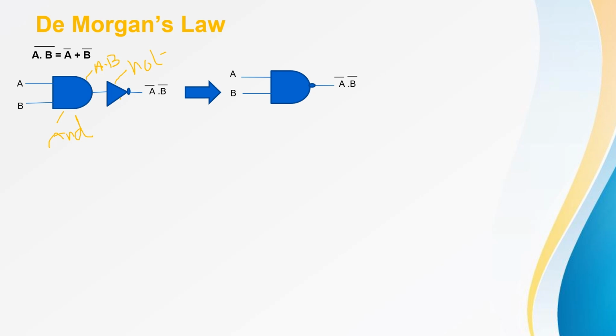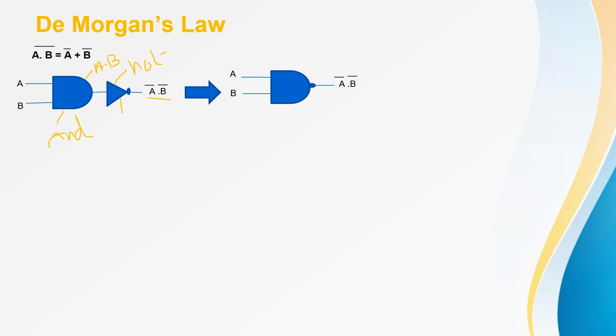This NOT gate will invert the AND output, and that is equivalent to a NAND gate, right? That is equivalent to a NAND gate.